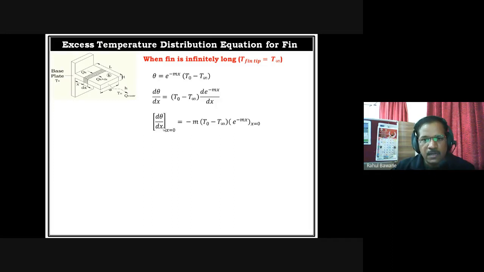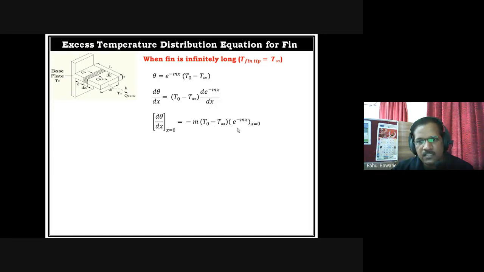Now d theta by dx, the excess temperature theta. So d by dx of the excess temperature where x is 0, that means we are talking about the base, is equal to minus m T0 minus T infinity. This is a constant term.